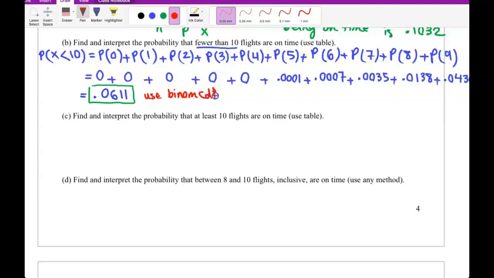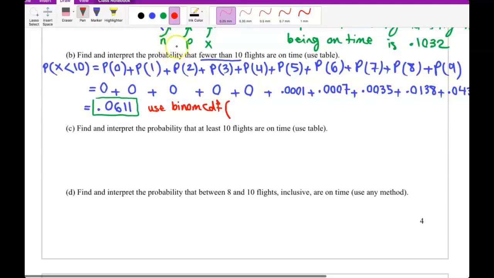Again, exactly the same as PDF, starting with N, P, X. So N is 15. Probability is 80%. And X, here we have less than 10, so this X is not 10. Here is 9.